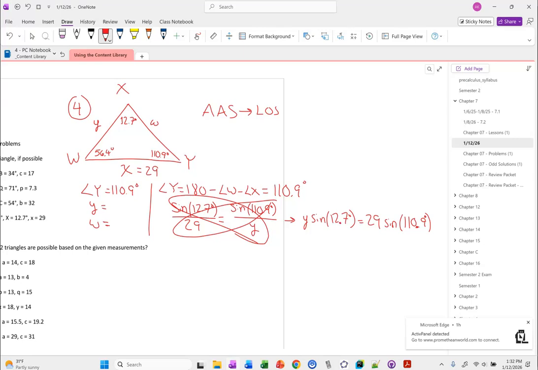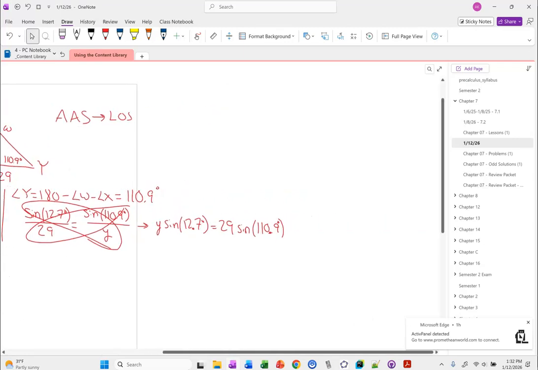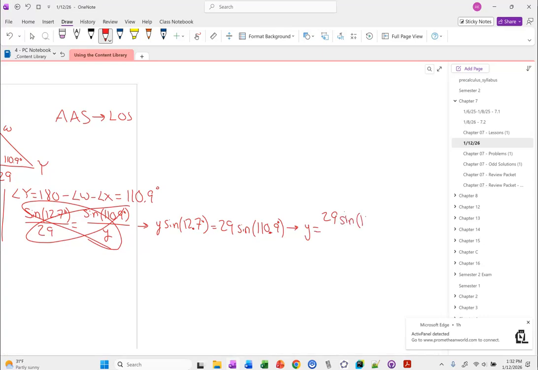And then to get the y by itself, I'm just going to divide by sine 12.7. So far, so good. Calculator time.